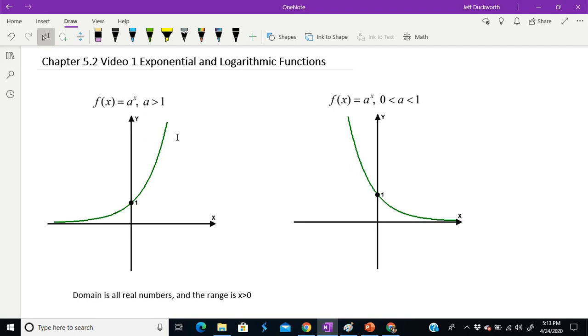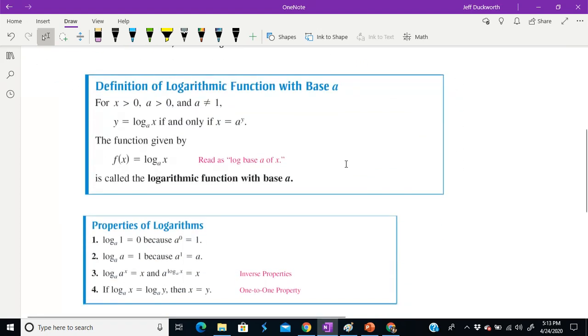All right, so the inverse function for these exponentials is called a logarithmic function. And here are the properties, first of all, the definition and then properties of the logarithm. So let's look at the definition first. It says for x greater than 0 and a greater than 0, and a doesn't equal 1. We've already discussed a not equaling 1 because of the problems with that.